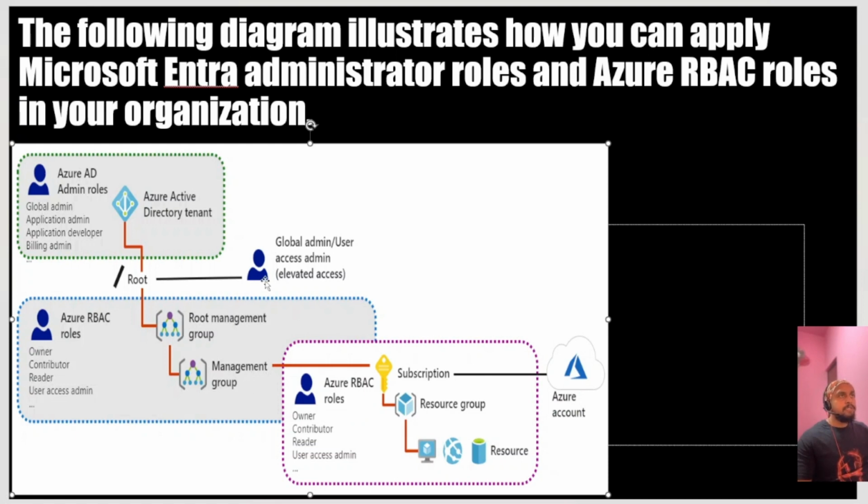But the person sitting at the top, global admin or user access admin, has elevated access. And Azure AD admin roles like global admin and application admin also have very high level access, because they get access to the Active Directory tenant, which is created first, and then later everything else is created.